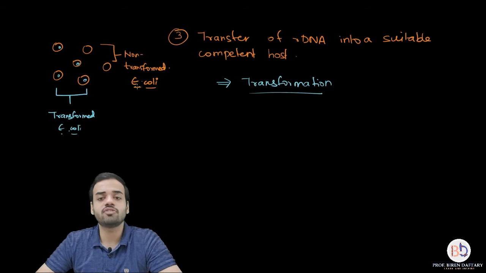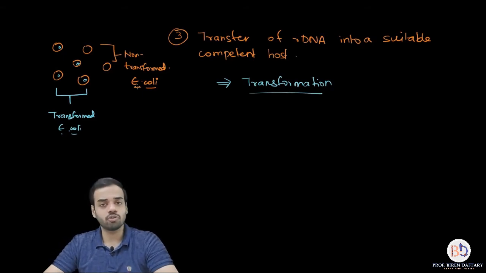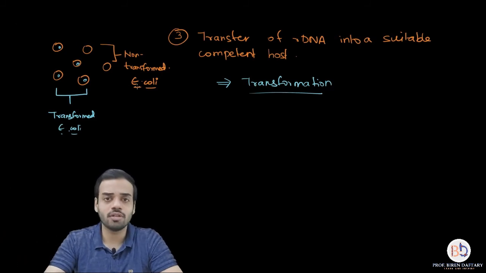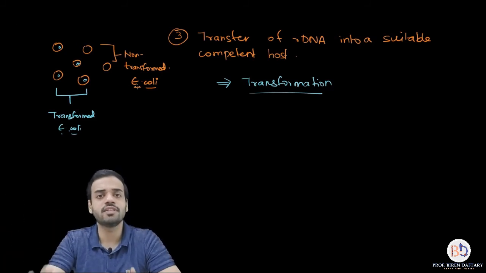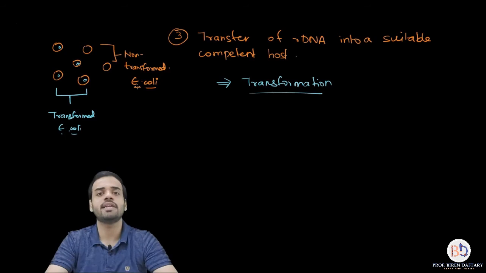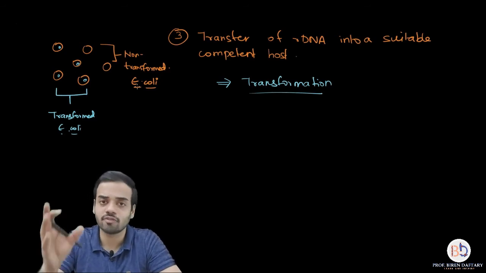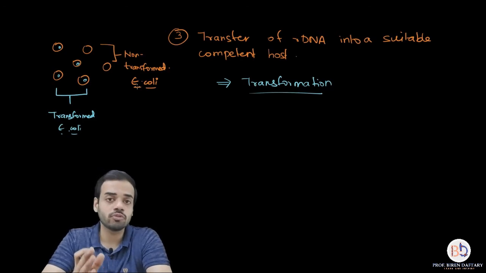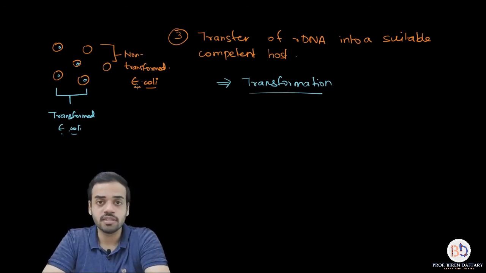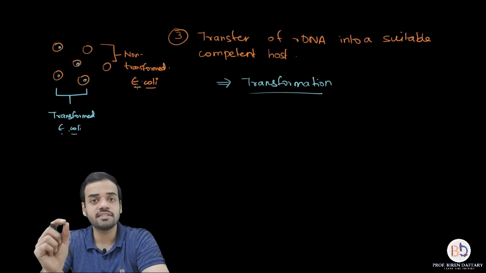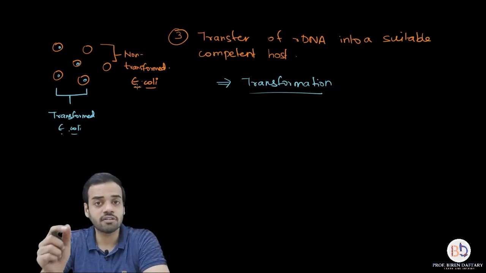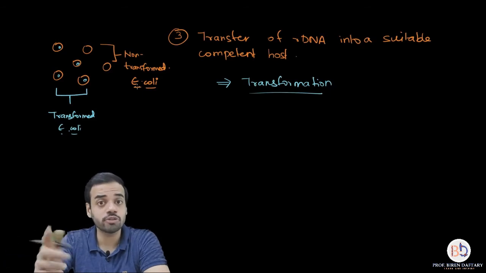Okay, so this is called transfer of recombinant DNA into suitable competent host. So you just surround the host with the recombinant DNA and it will automatically absorb it. That is called transformation. Now suppose you don't want to use this process of transformation, can you directly inject the foreign DNA or the passenger DNA or the required gene into the host without using a vector?